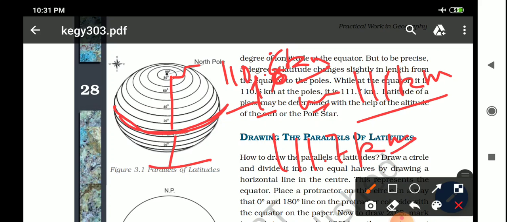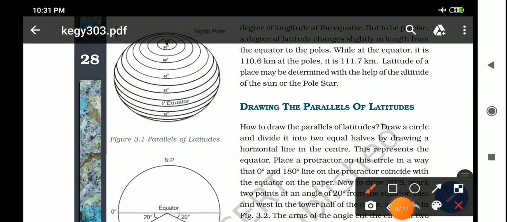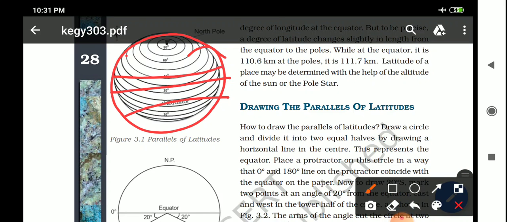The concept of why latitudes and parallels are important, and the basic idea behind it, is that we can differentiate regions. Suppose this is the earth, the globe, we mostly divide it into different parts.